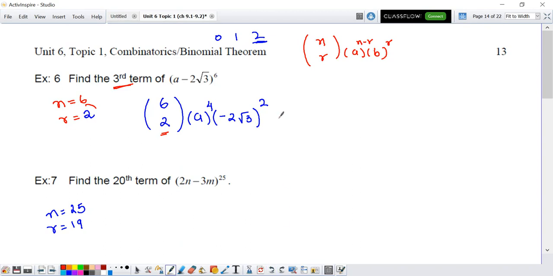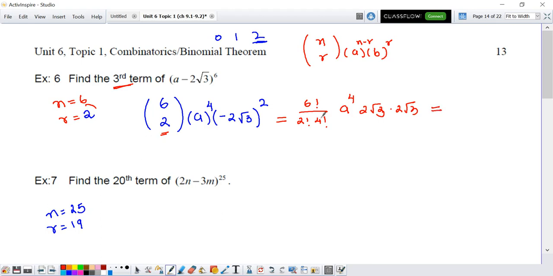So let's check it out. What is 6 choose 2? 6 factorial over 2 factorial times 6 minus 2, 4 factorial. A to the 4, and the negative number to the second power. Many students struggle with the radical and the power. Basically you write 2 times 2 root 3, 3 times 2 root 3, and 2 negatives make a positive.